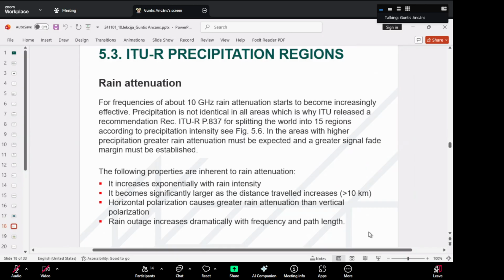In areas with higher precipitation, greater rain attenuation must be expected and a greater signal fade margin must be established.